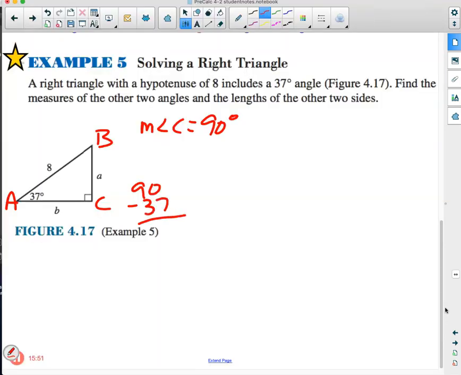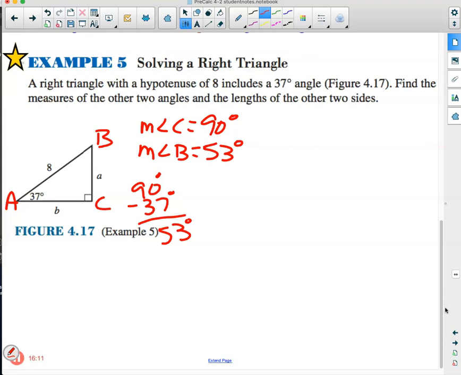And we'll have to figure out what 90 degrees minus 37 degrees is, and then we'll have it. So we have 53 degrees. Measure of angle B, 53 degrees.